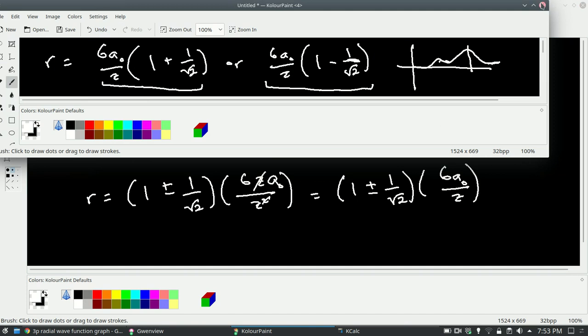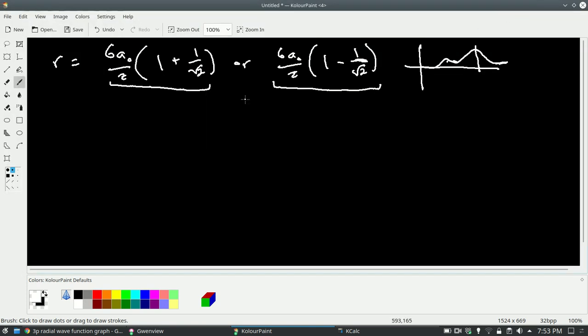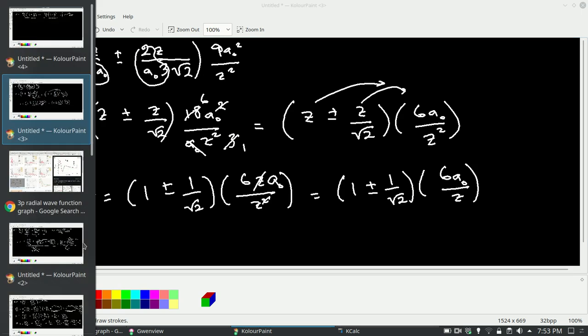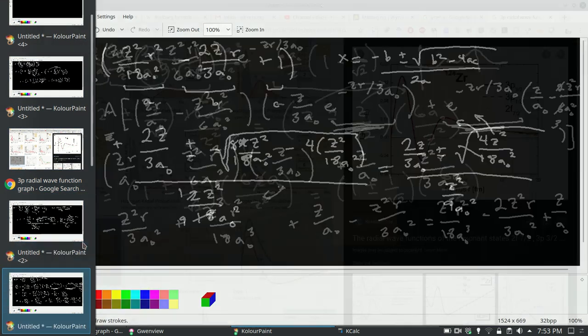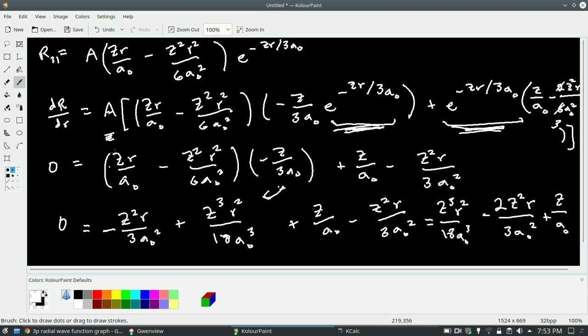I thought we were going to be done. Okay, so what was the 3p wave function? Okay, it was this. Now, I could take the second derivative, but that would take a long time. So maybe I will do the smiley face test. So, wow, even the smiley face test would take a long time.